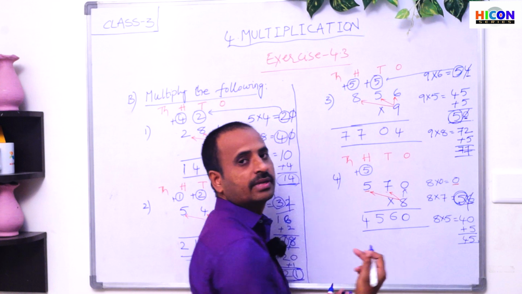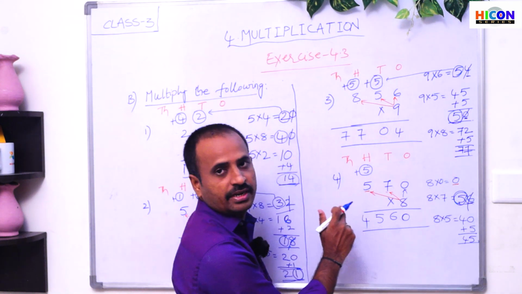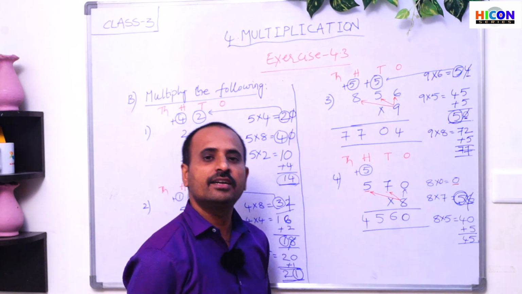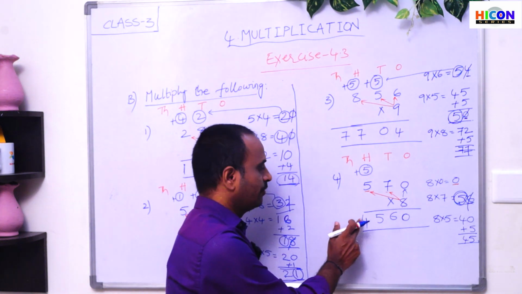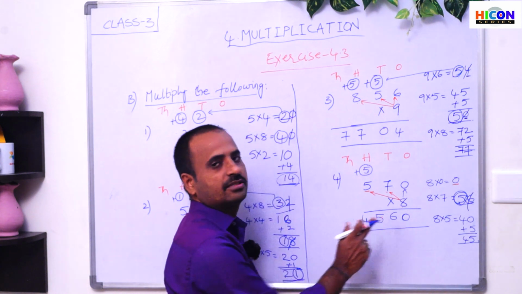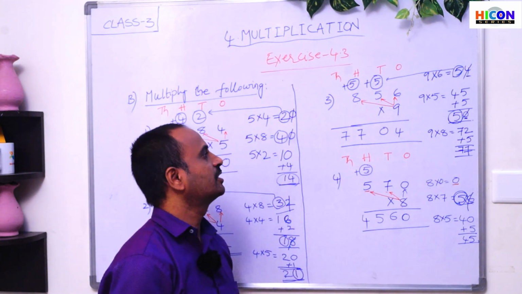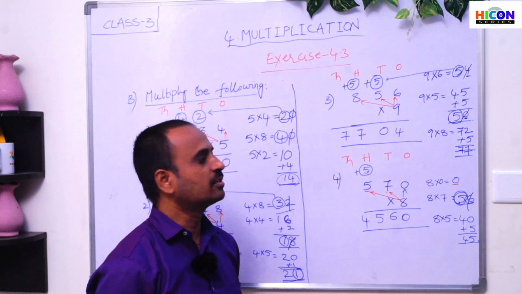There is no need to carry because there are no thousands. So the answer is 4560. So children, in this way, we have to do the multiplication with regrouping, that is with the carry.